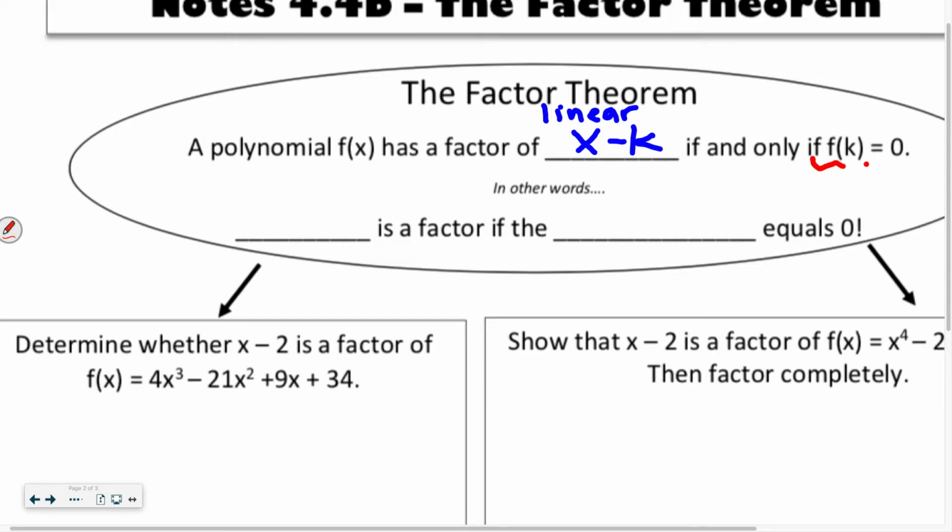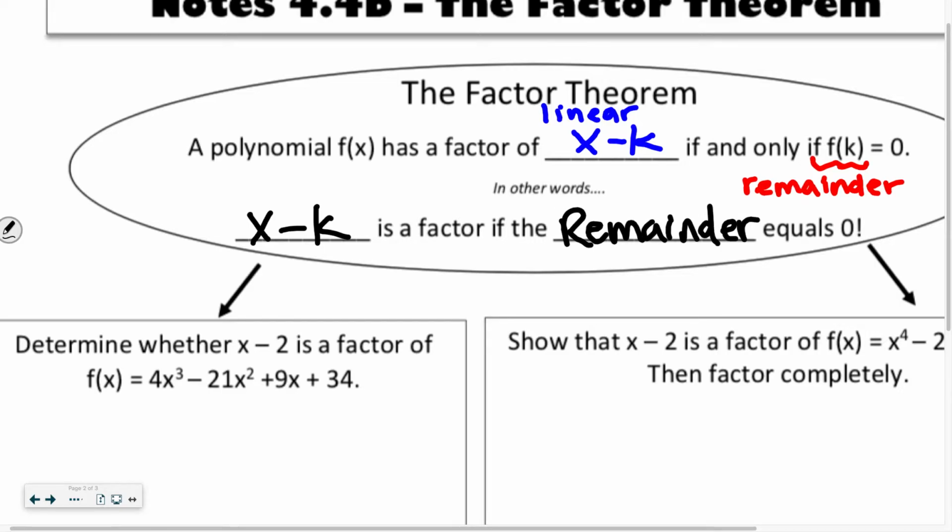Make a little note to yourself: when you see that notation, f of k, it's talking about the remainder. I'm going to put that into my own words on the next line. It just says x minus k is a factor if the remainder equals 0. It's a little bit less mathy because it doesn't use f of k, but f of k just represented the remainder back in the remainder theorem. So it's kind of reusing that notation.